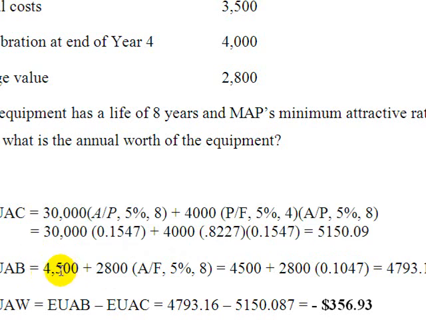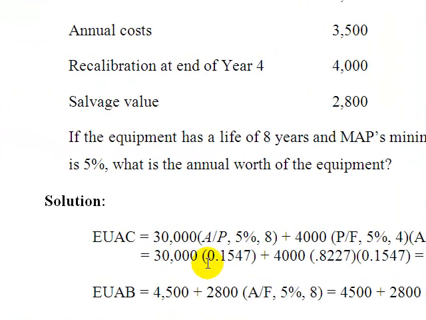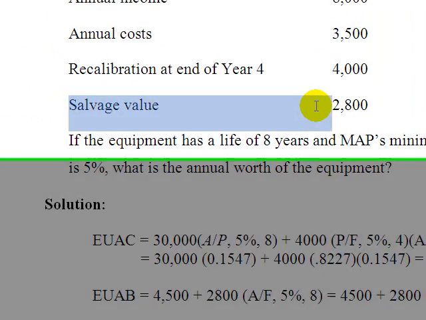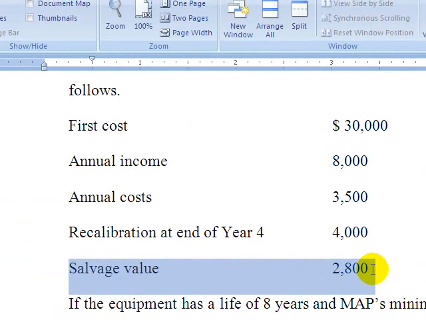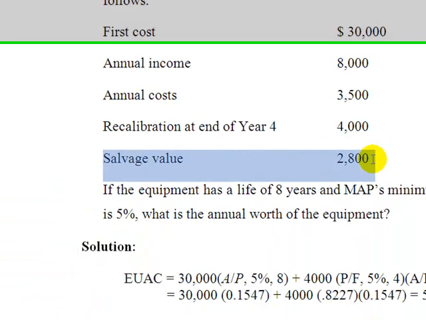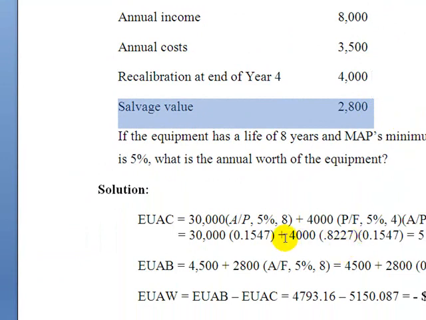Now let's see what else we have. We have a salvage value, which is a positive cash flow at the end of year 8. So that is an F value, right? That value is going to be 2,800, which is an F value.